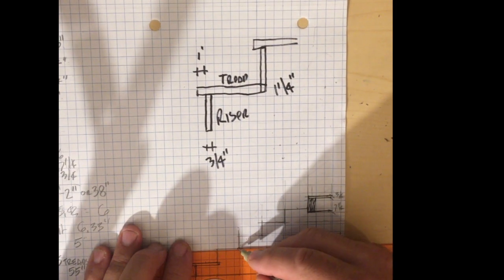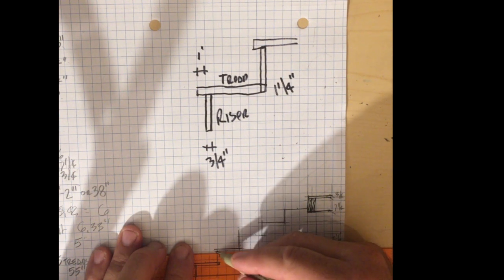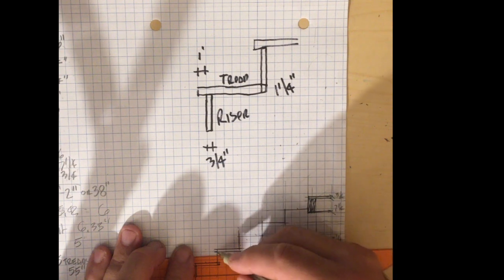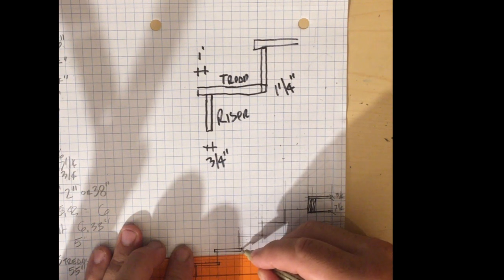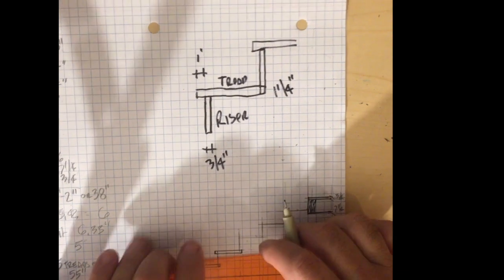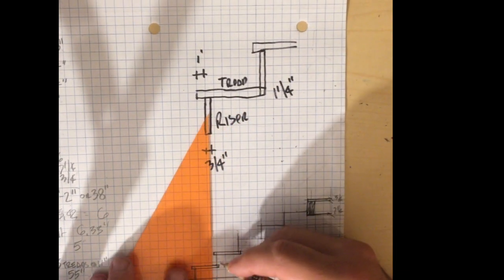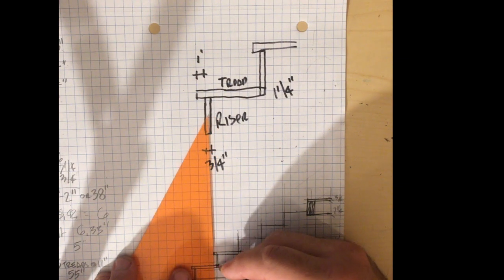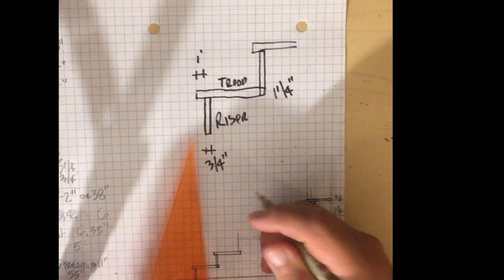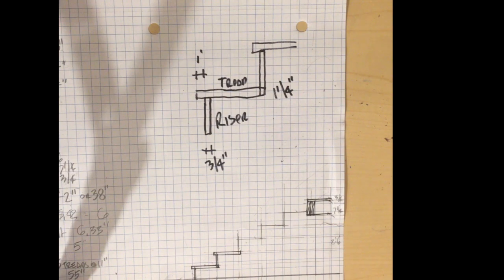I'm going to try to do that a little bit better here. I'm going to draw that, making sure that I have my nosing, and then making sure it extends past for that riser. So now when I draw my riser in, there you go.